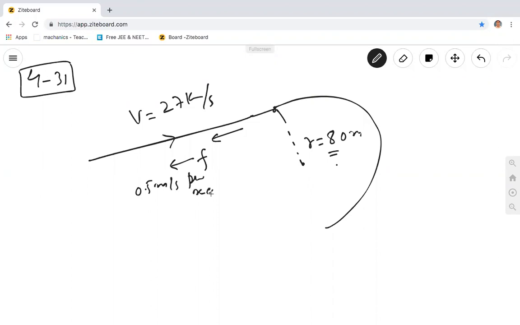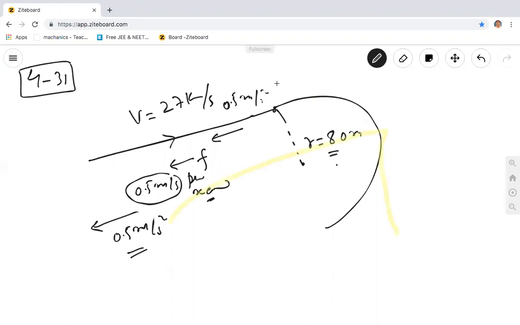Per second means he reduces velocity by 0.5 meters per second in 1 second. That means the backward retardation is 0.5 meter per second square.